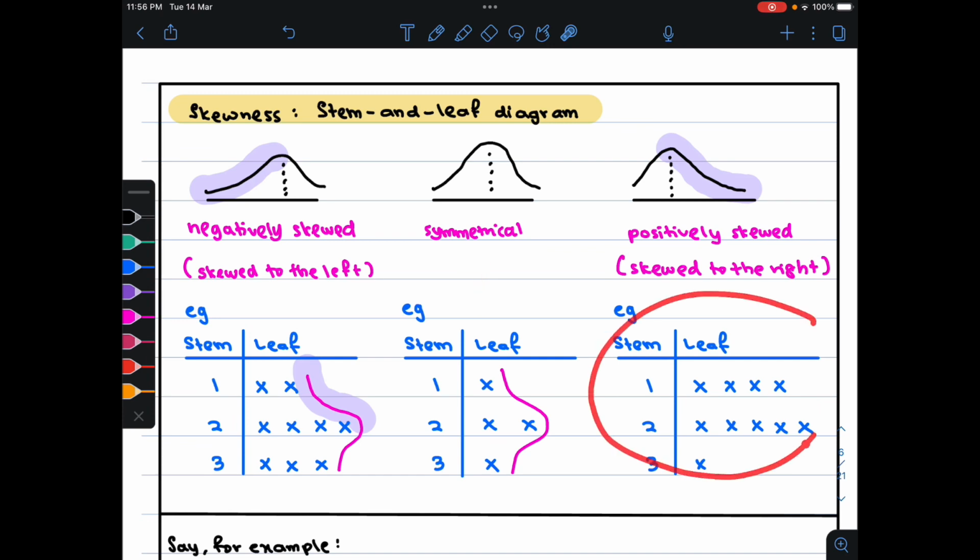And for the last one right here, if you try and draw the bell-shaped curve, you can see that this will be the center of the distribution. And the right tail will be longer compared to the left tail. So this is called positively skewed.